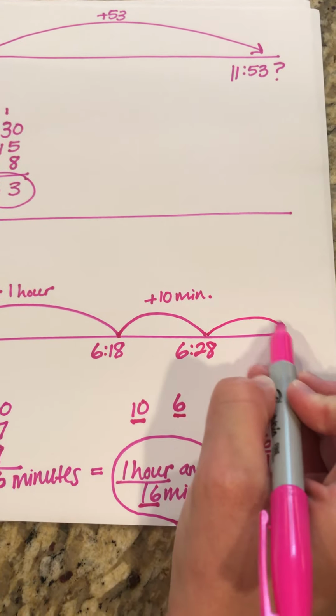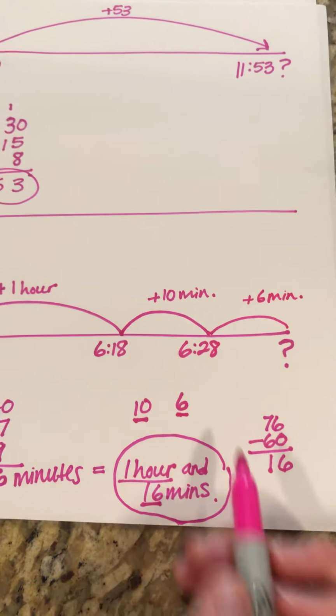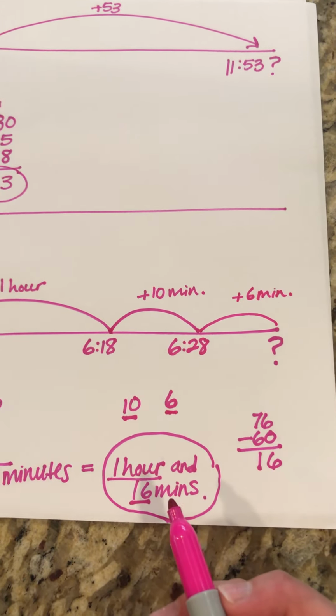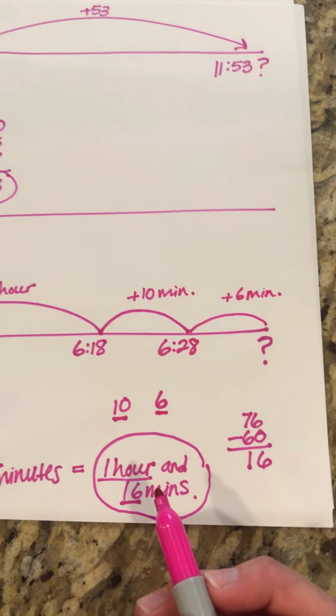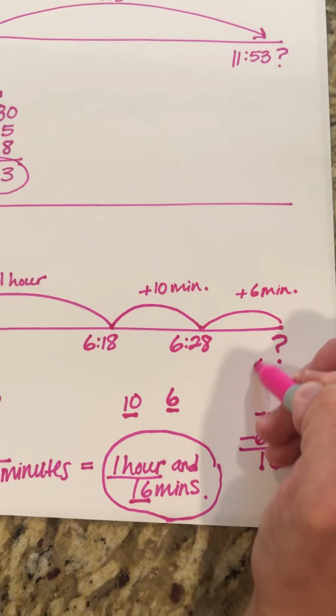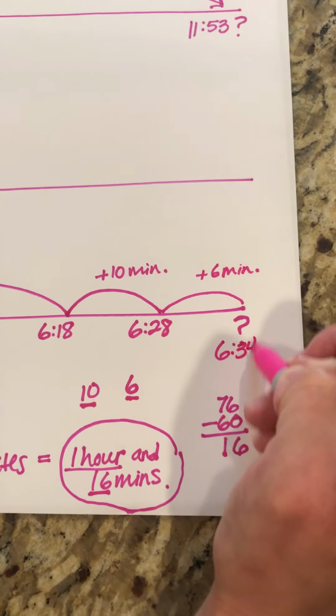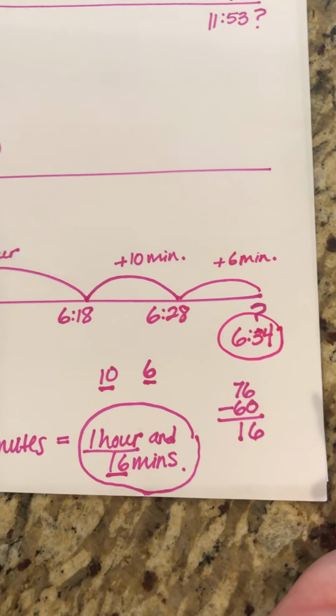Now I just have a remaining 6 minutes to jump. So I'm going to add 6 minutes to that. So 6:28, 6:29, 6:30, 6:31, 6:32, 6:33, 6:34. So 6:34 is the ending time of those activities.